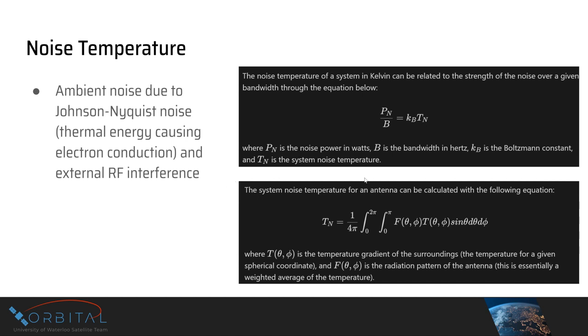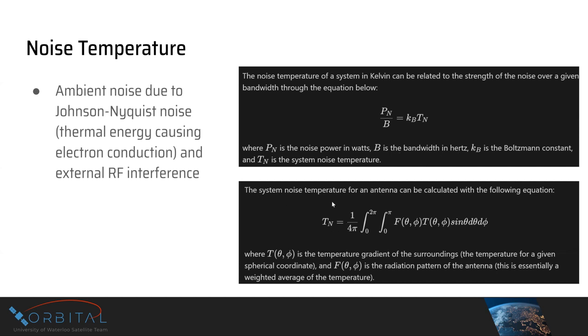So noise temperature takes the noise from both of those sources together and comes up with an equivalent temperature that your surroundings would have to be at in order to cause that power of noise. Noise temperature is related to the power of the noise with this equation, where the noise power is P, the bandwidth is B, this is Boltzmann's constant, and this is the noise temperature. Essentially, it's your noise power per hertz of bandwidth.